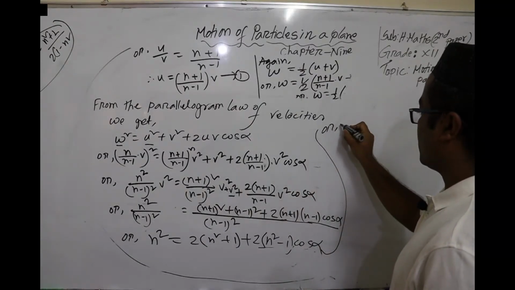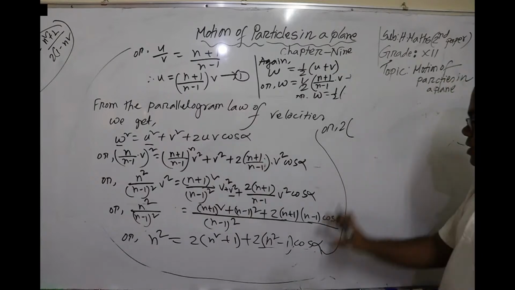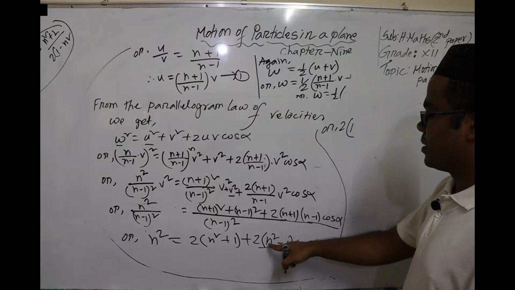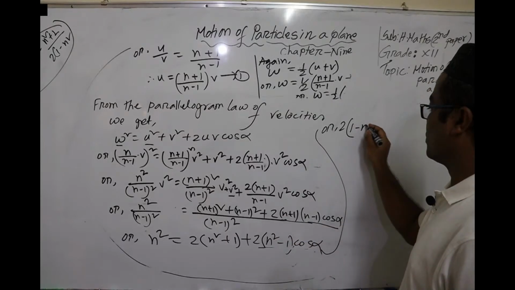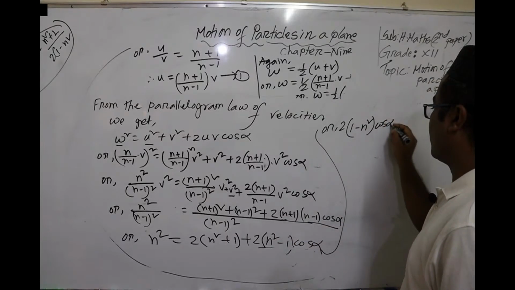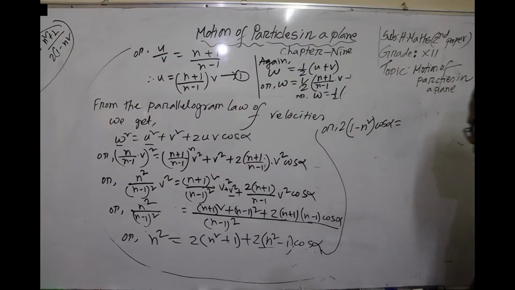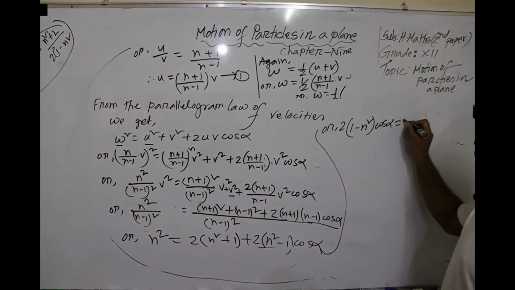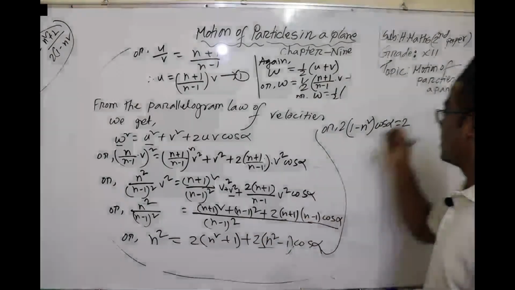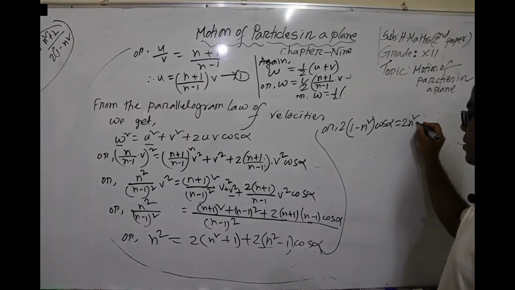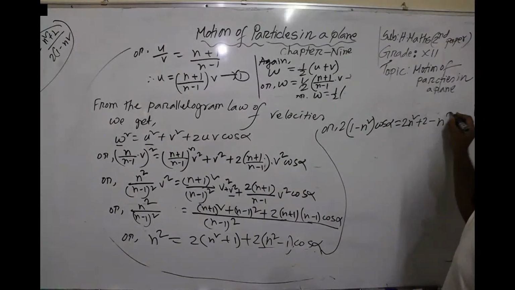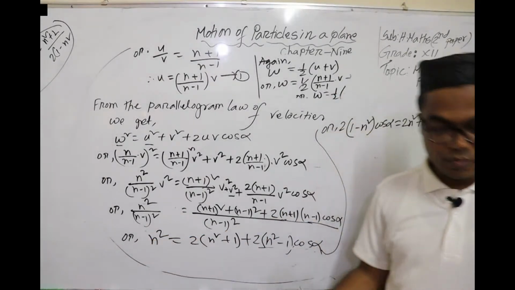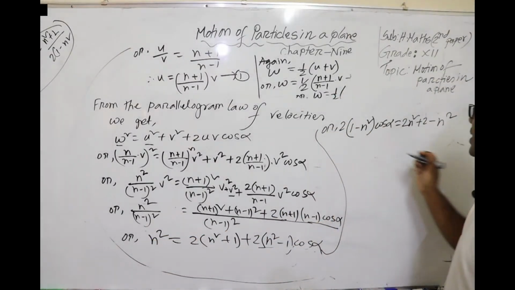When this one goes to left side, here minus sign, minus goes to plus, but this one plus position, this plus position goes to minus cos alpha. Okay, so this one left side goes to left side, and this term goes to right side. So if you take out the bracket, you will get 2n square plus 2 minus n square, because this one previous left side, when this one right side, that can be minus.